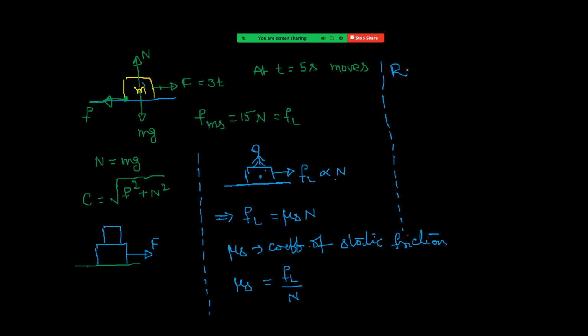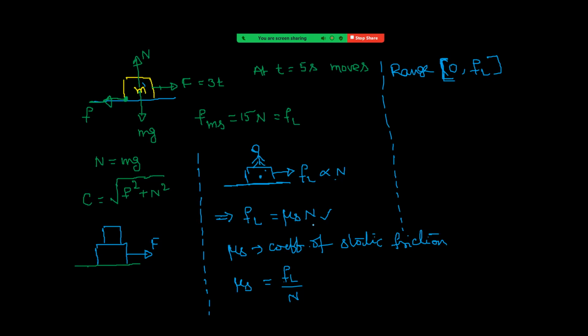Its range is from 0 to, this is actually a closed interval, 0 to F limiting. F limiting means maximum static friction, which is given by mu s into normal reaction.